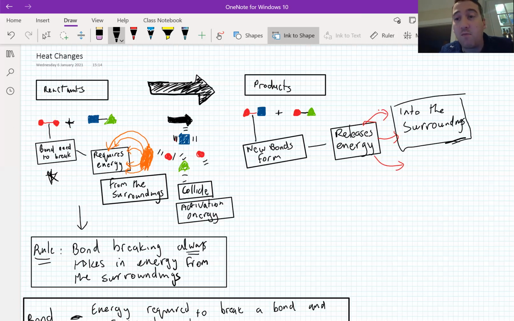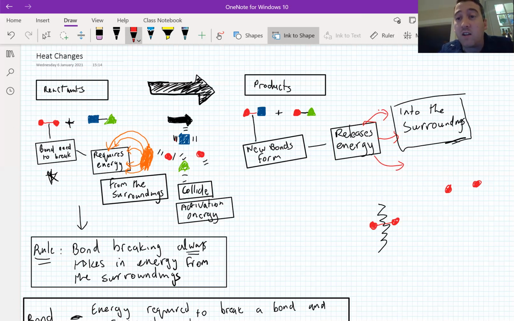So believe it or not, just as a side, if I was to take this substance here and break the atoms apart, break the bond, and there were 2 loose atoms, I would have had to put in an energy amount equal to its bond energy. I would have had to put enough energy in to break the bond.